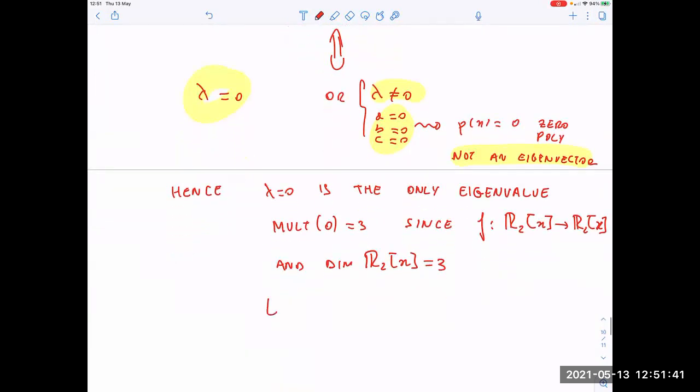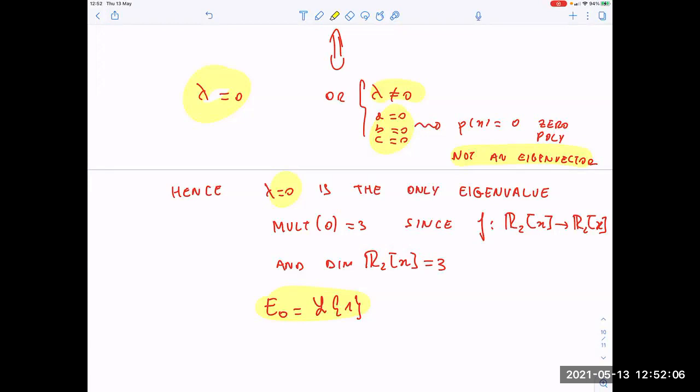And what is the eigenspace of 0? It is exactly the space of constant polynomials. So it is not simple, because the dimension of the eigenspace is not equal to the multiplicity of the eigenvalue.